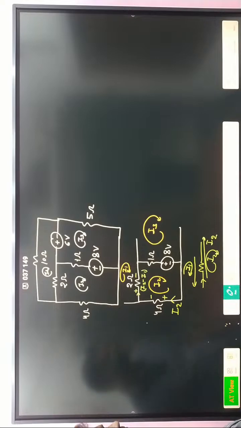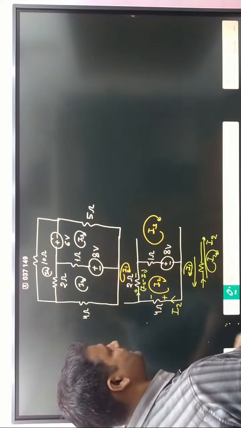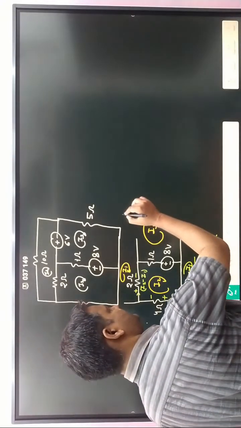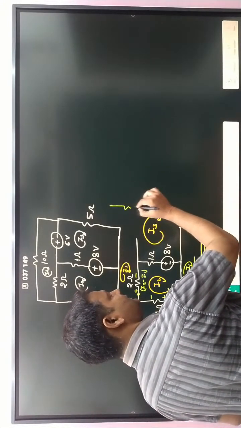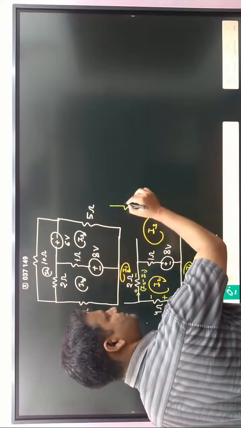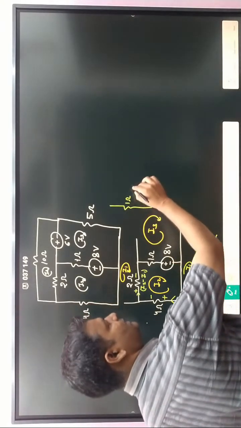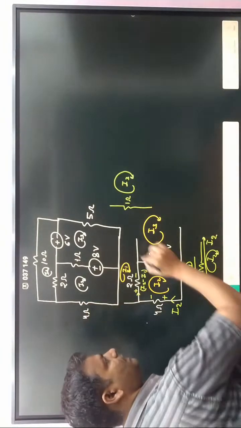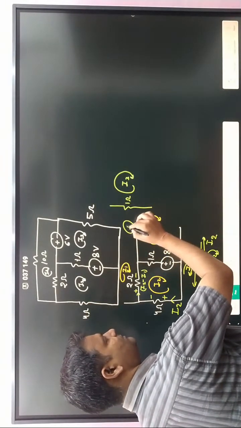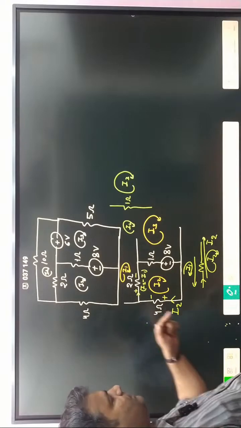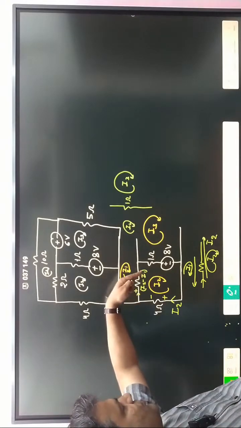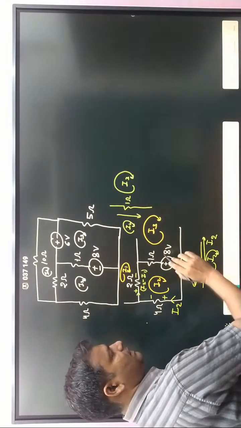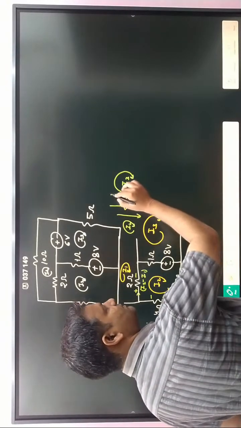After that, now look here at the 1 ohm resistance. What about I3? I3 looks like that one. And I2 is like that one. I2 is stronger, so I2 direction is like that one, and I3 direction is like that one.